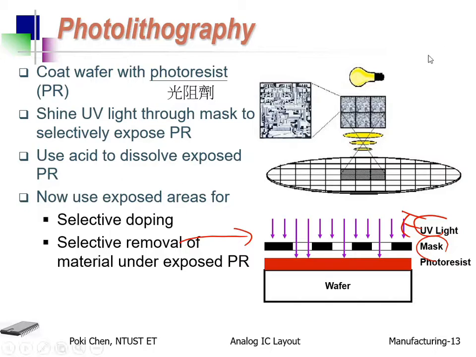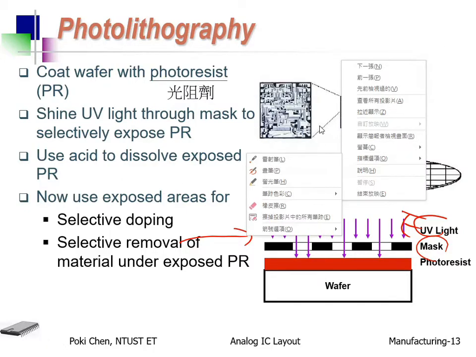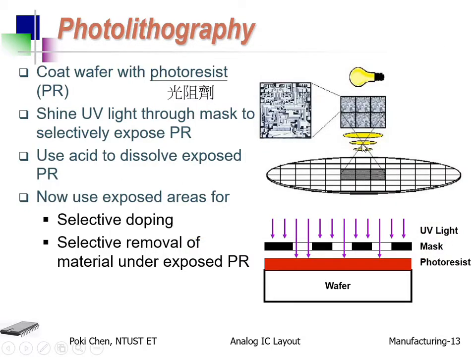No. Step by step. So after exposure to the UV or EUV light, the portion exposed will be changed in chemical property. 它的化学特性曝光之后就会改变。Then you can use another chemical solution to wash out the exposed one or unexposed one.